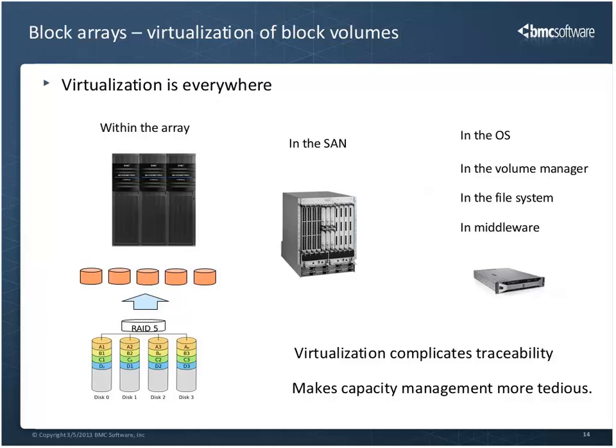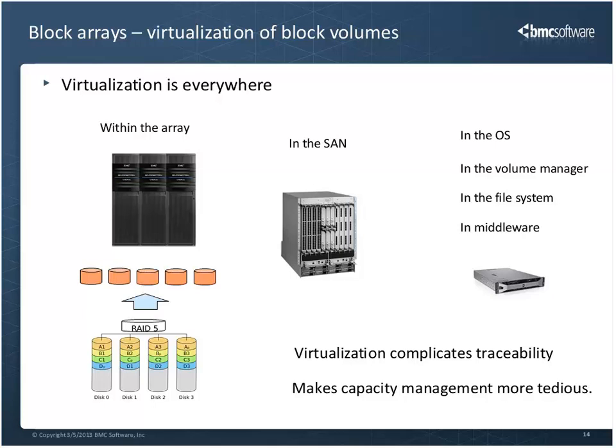Within the SAN, there may be virtualization systems like the ones I mentioned earlier. The IBM SVC is not in the switch, but it's another box that sits where the SAN sits. And IBM Invista is built directly on switches in the SAN. And on the right-hand side, virtualization is also in the OS, in the volume manager that may be on board. It may be a third-party volume manager.